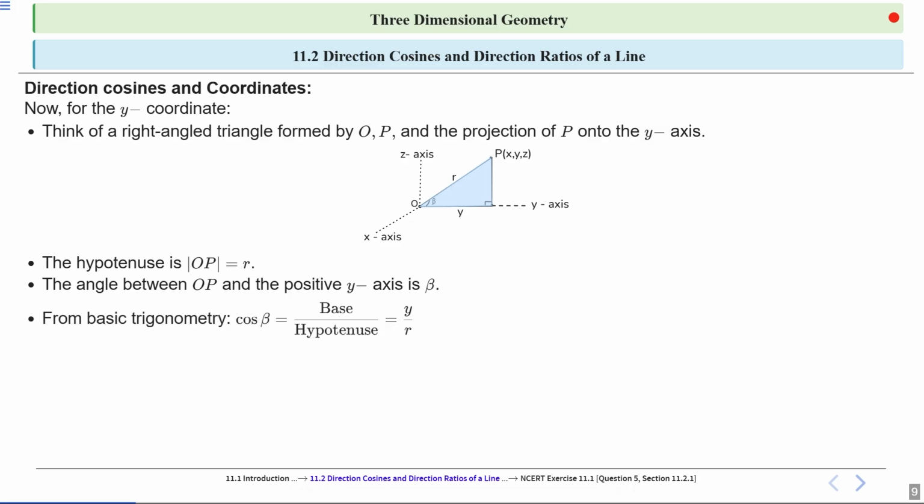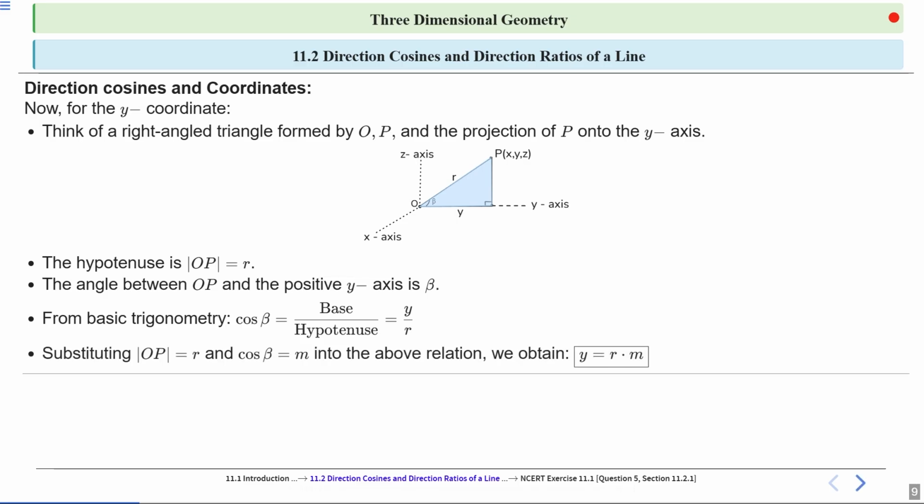So using basic trigonometry, we know that the cosine of beta is equal to the base divided by the hypotenuse. So in this case, cos of beta equals y divided by r, where y is the length of the projection of OP onto the y-axis and r is the length of OP.